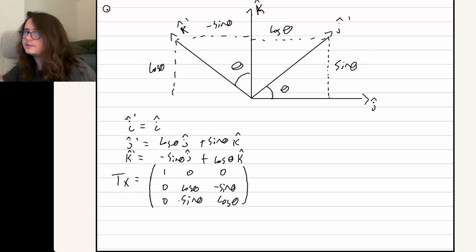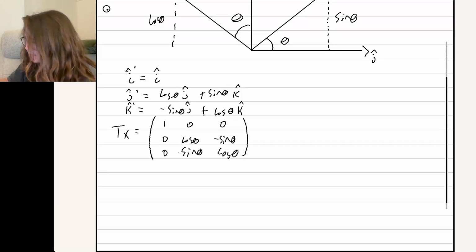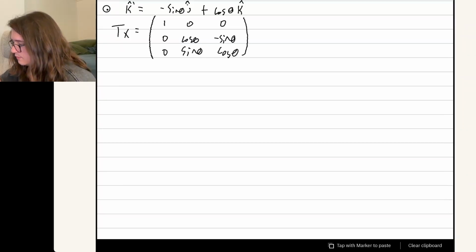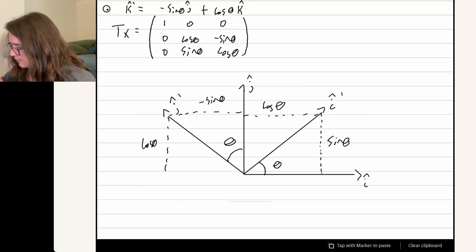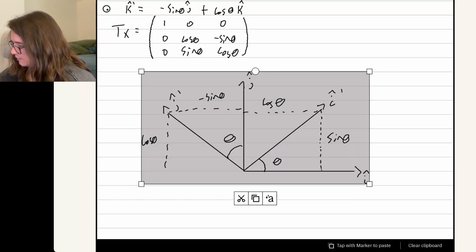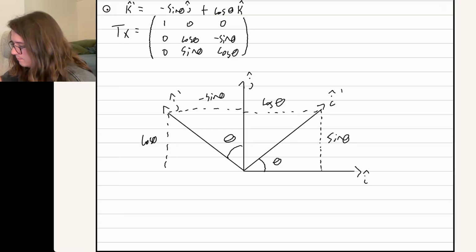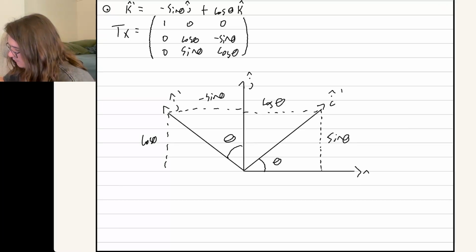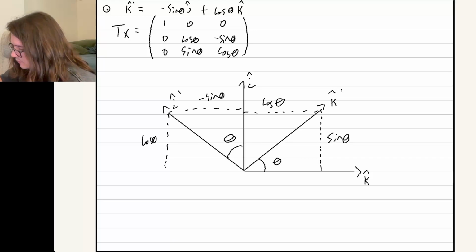So that's going to be T sub x for the future. If instead you wanted to look down the j hat unit vector and rotate with an angle theta counterclockwise around that, you would just have that this is now k hat, so this is k hat prime, and this would be i hat, and this would be i hat prime. So writing down the transformations, now we have that i hat prime equals minus sine theta k hat plus cosine theta i hat.